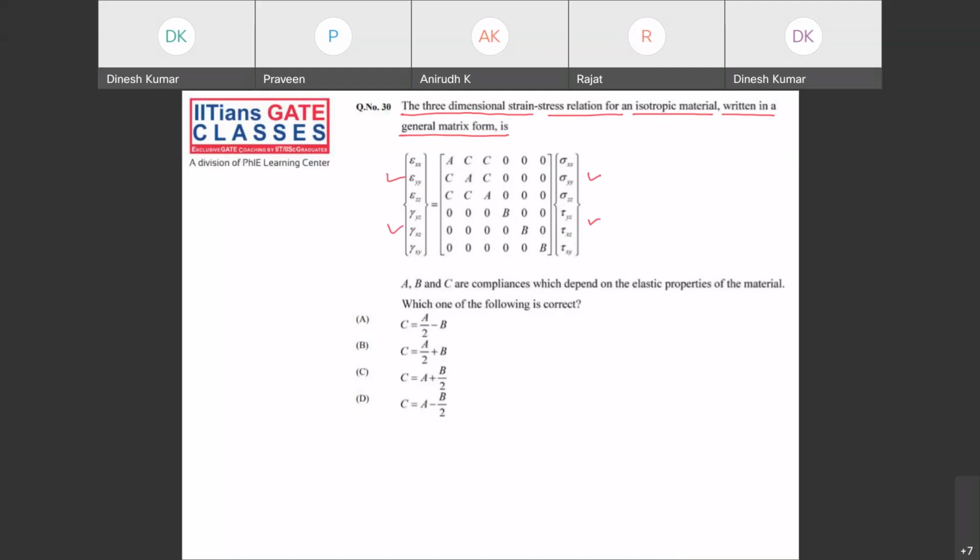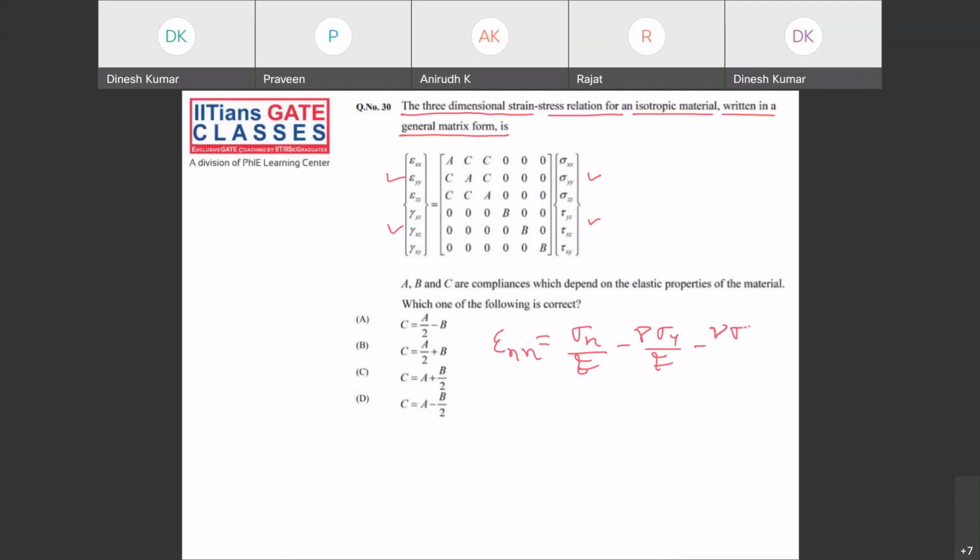Now, we know epsilon xx. If you write the stress-strain relationship, epsilon xx is sigma x by E minus nu times sigma y by E minus nu times sigma z by E.